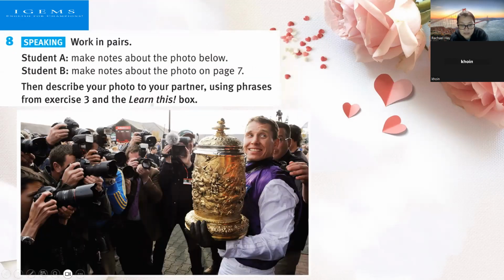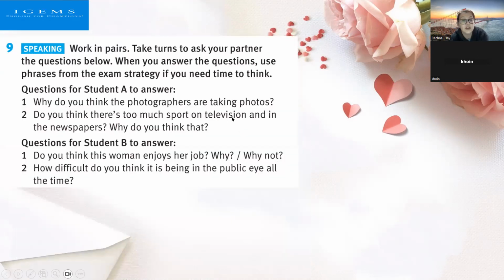Okay, well, let's talk about this first. The way that the man is dressed, it looks like the man is a jockey, a horse racer, somebody that rides horses. So why do you think the photographers are taking photos of this man?